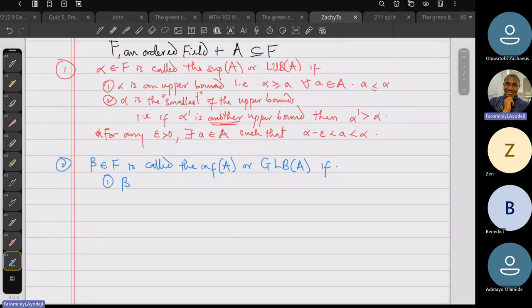Of course, beta must be a lower bound. What does it mean to be a lower bound? I.e., we have that beta is less than or equal to A for all A in A. You can either write it like that or say A is greater than or equal to beta. Then secondly, beta is the biggest of the lower bounds.